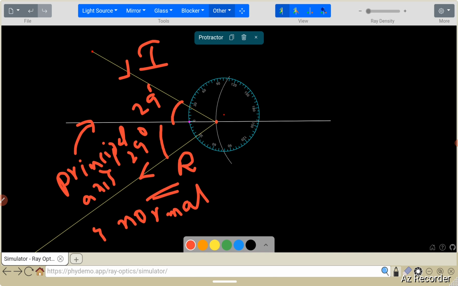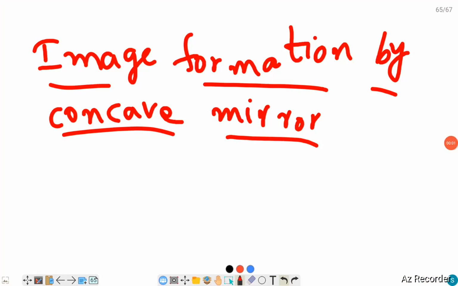Understood? These are the ray rules of concave mirror and convex mirror. I hope you all understood this. You can try with different angles so that you will understand. You just take a spoon in your hand and stretch your hand. Place the spoon's curved inwards surface in front of your face and bring the spoon by folding your hand near to your face.